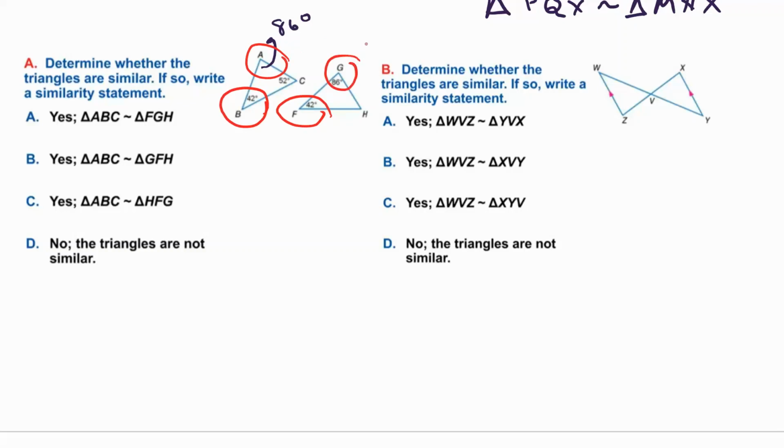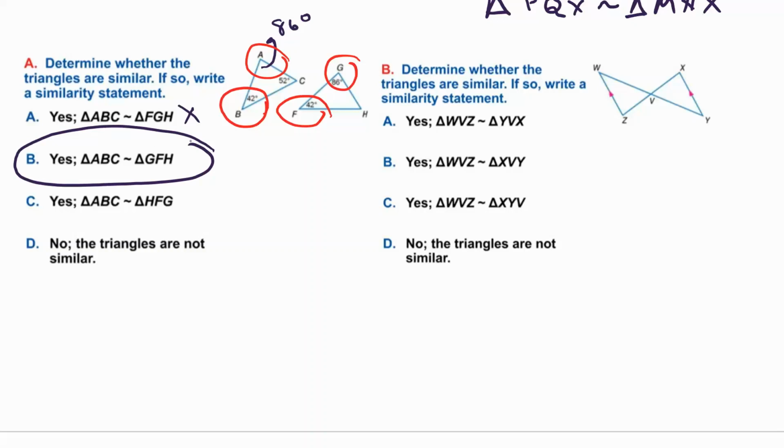So yes, by AA, we have that the triangles are similar. And would it be ABC, ABC, and F? Well, A and F are not the same. A and G are the same. B and F are the same. So it would be this.